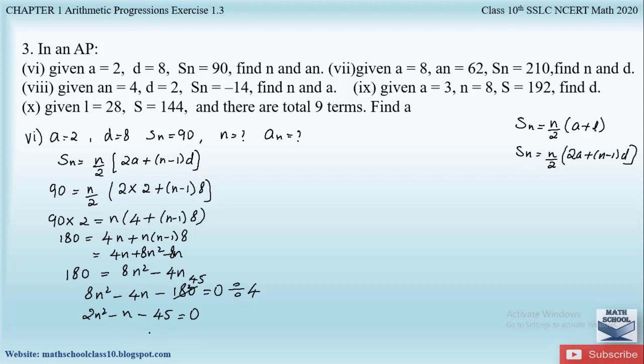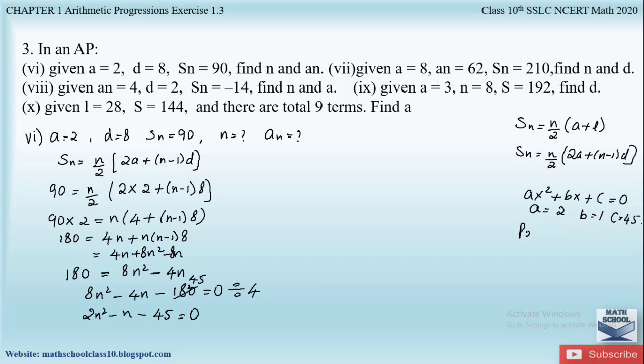Now if you see, this is a quadratic equation of the form ax square plus bx plus c equal to 0. What is the coefficient of x square? That is 2, the a value is 2, b is equal to 1 and c value is 45.